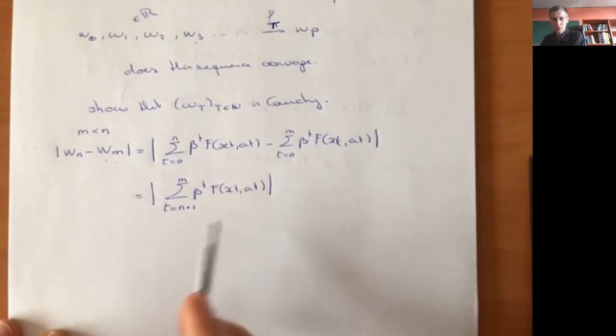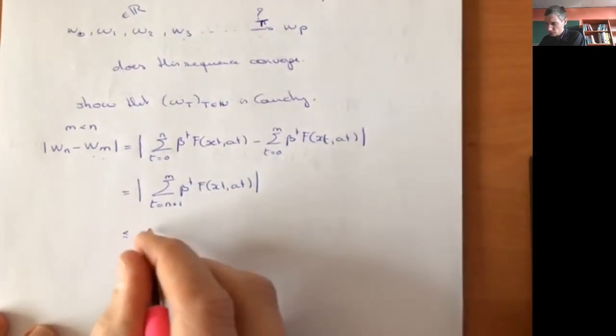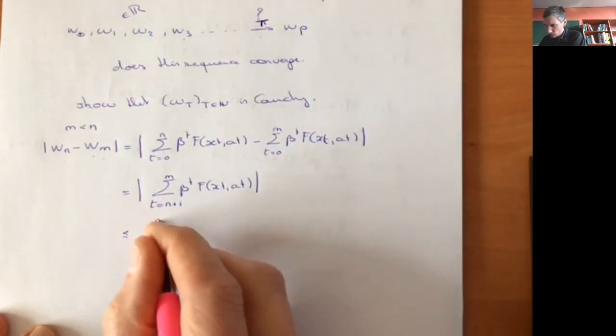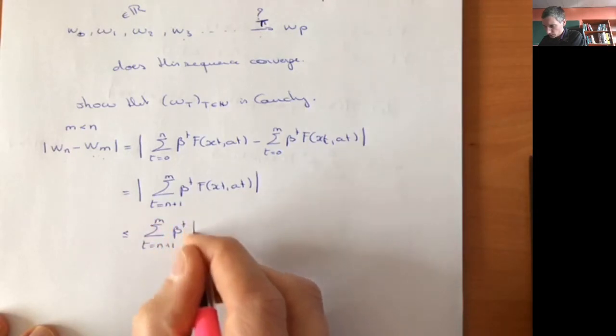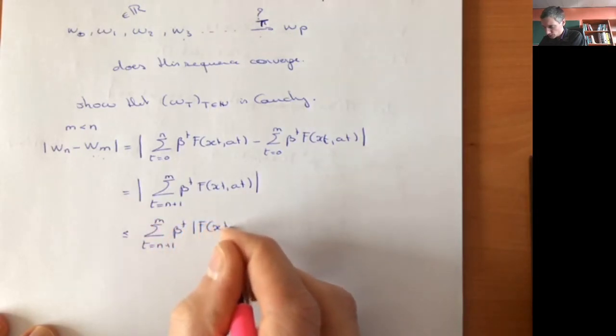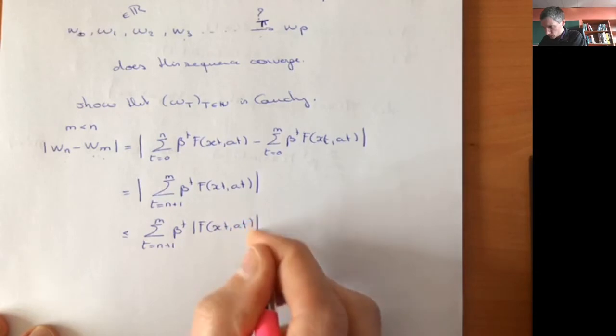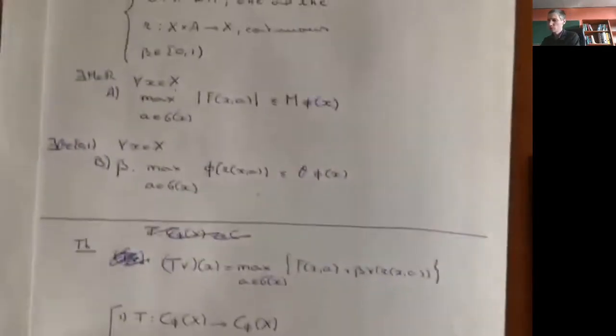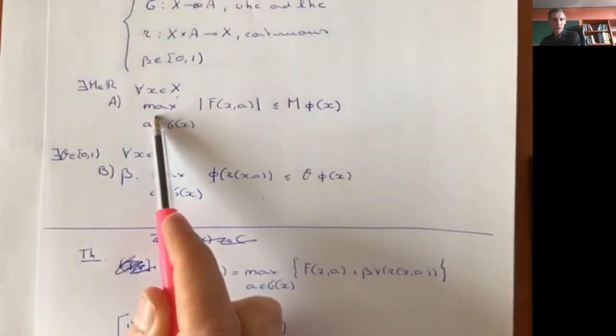The absolute value of a sum is less or equal to the sum of the absolute values. So this is less or equal to the sum from m plus 1 to n of beta to the t times the absolute value of f(xt, at). Okay, and now I'm going to use my property A again.